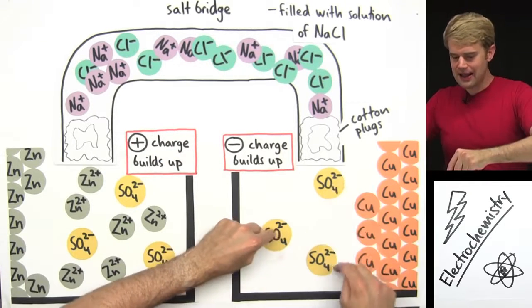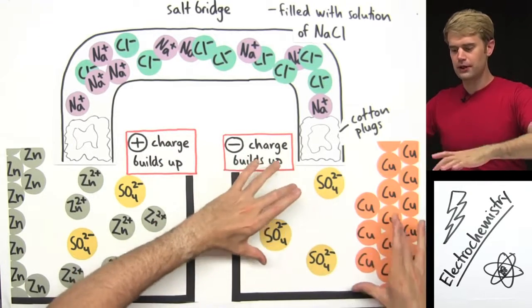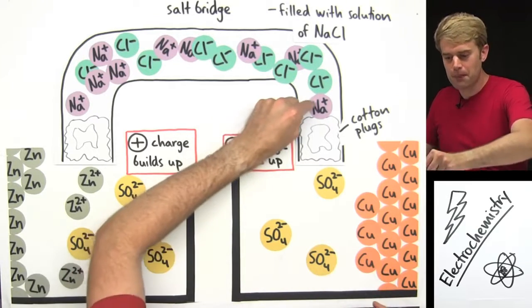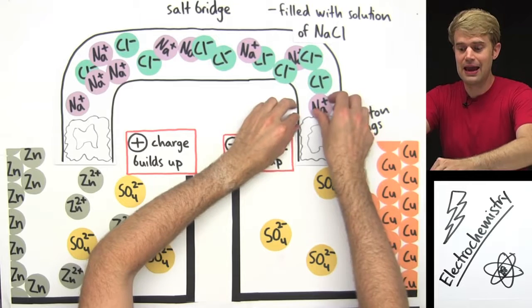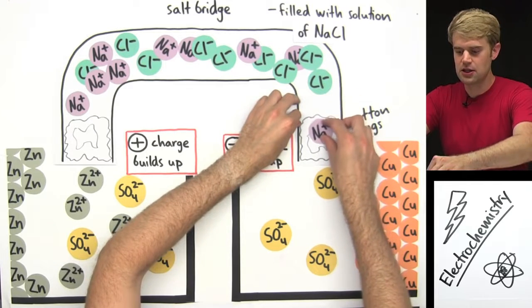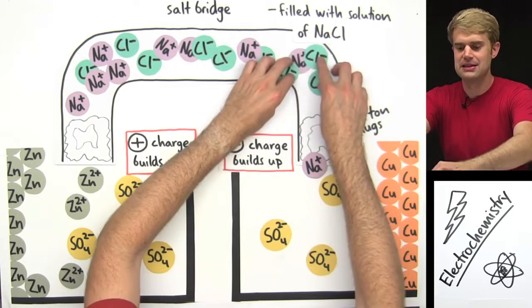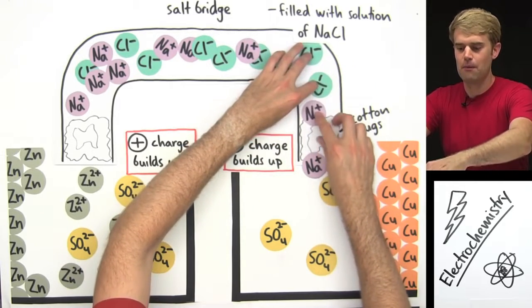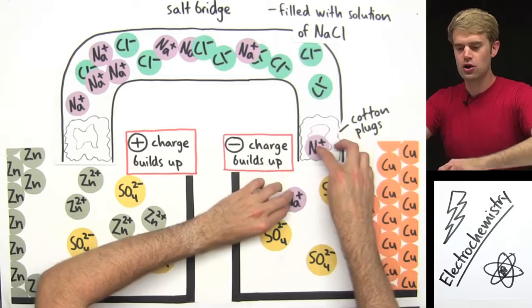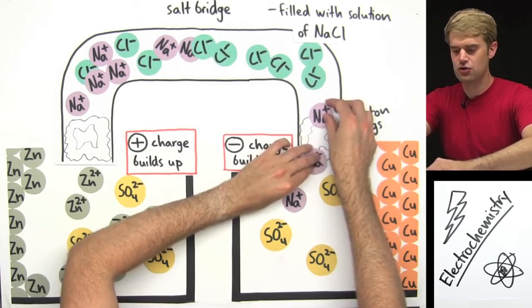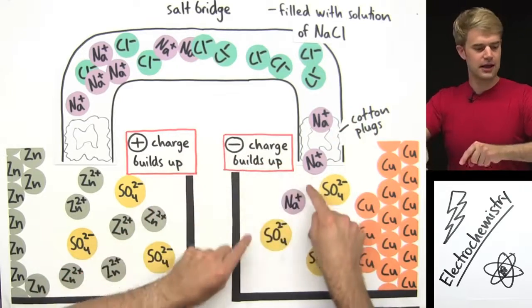We said that negative charge is going to start building up in the half cell over here. And so the positively charged Na+ is going to begin moving over into this half cell to help balance out the charge. So the Na+ ions are going to begin moving in this direction to balance out the negative charge.